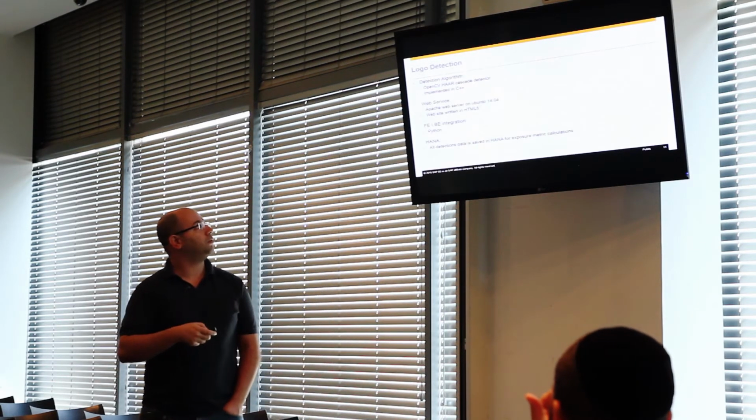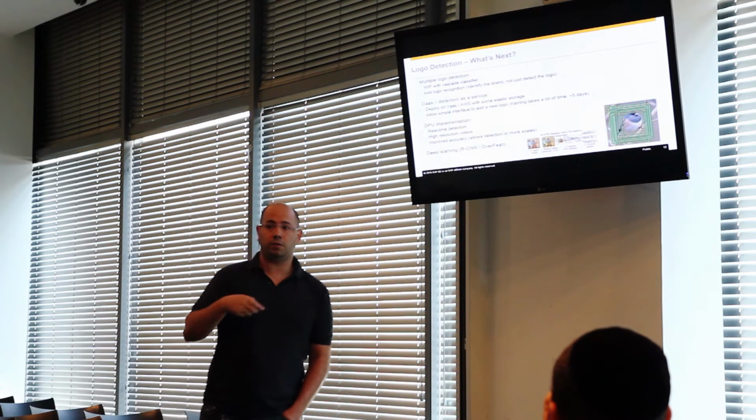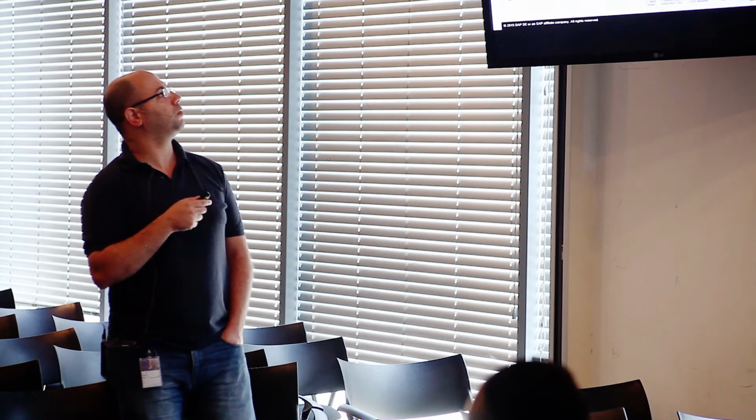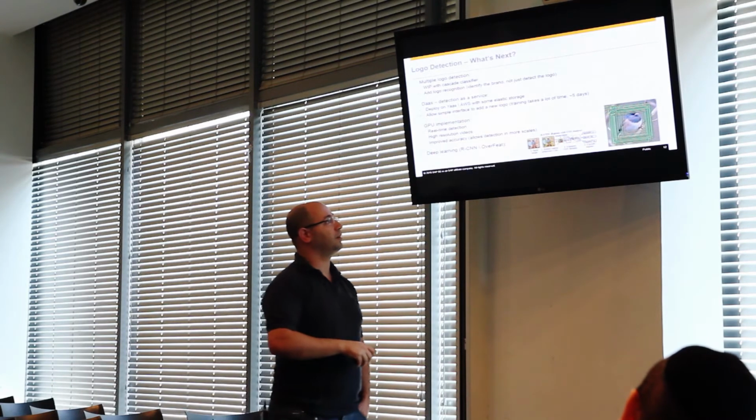We are working to enable multiple logos, but in order for it to run in reasonable time, it would have to use GPUs, which we are working on. We are planning, as I said, to provide it as detection as a service. And looking a little further into the future, we are looking to do it with deep learning.